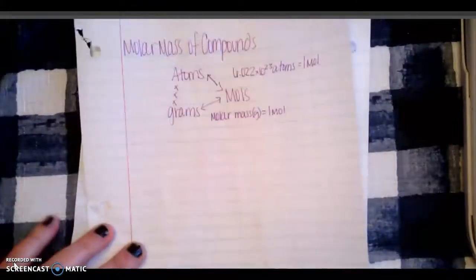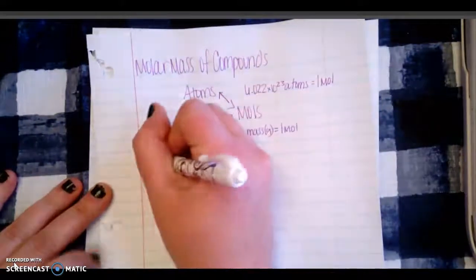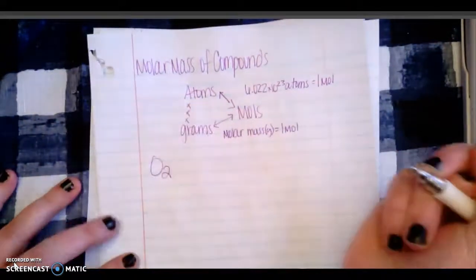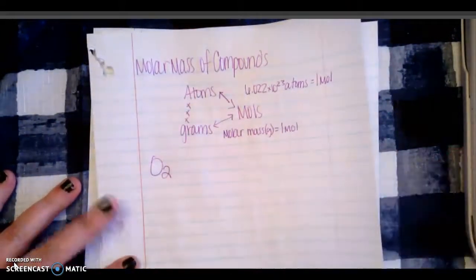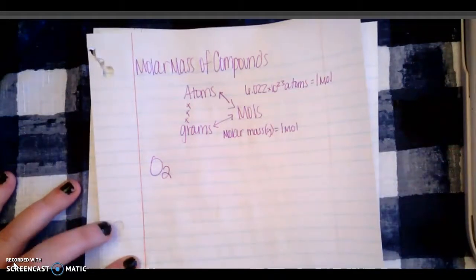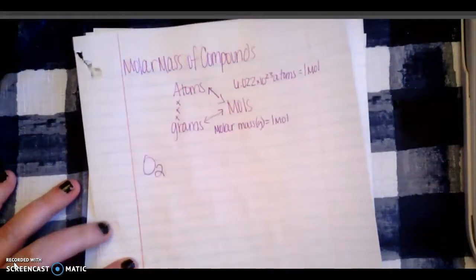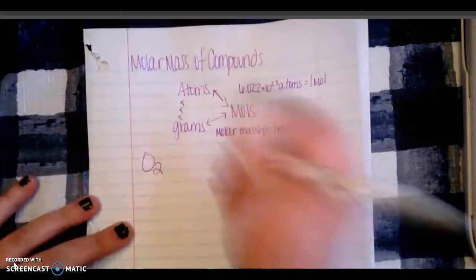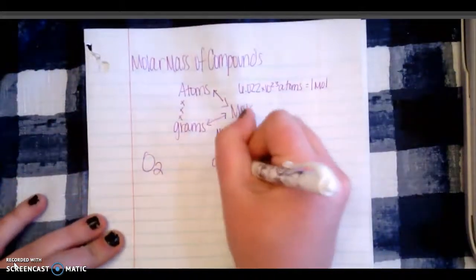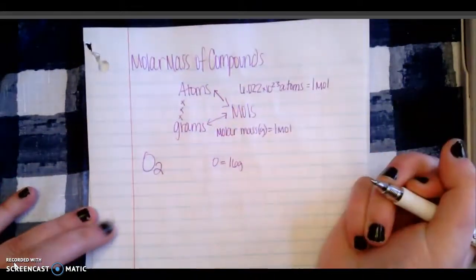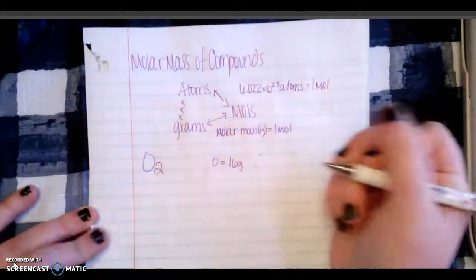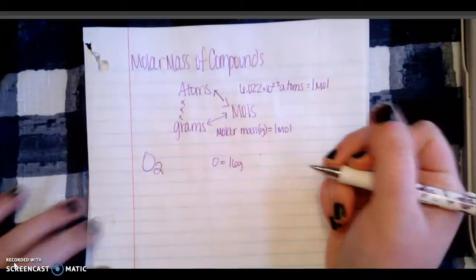But what if I had something a little bit more complicated? If I have this molecule, and I ask what is the molar mass of this molecule? Well, if I look at the periodic table, I can see that oxygen has a molar mass of 16 grams. So 1 mole of oxygen weighs 16 grams.